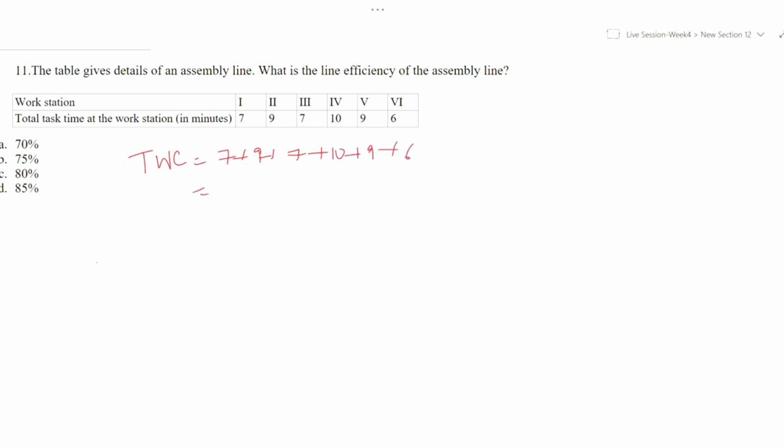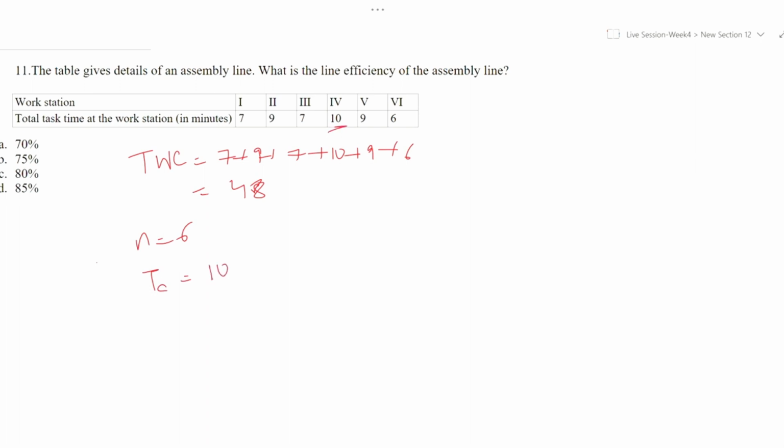This becomes 48. Now the number of elements is equal to 6, number of stations, and your cycle time is the maximum time taken, or slowest workstation, which is 10.